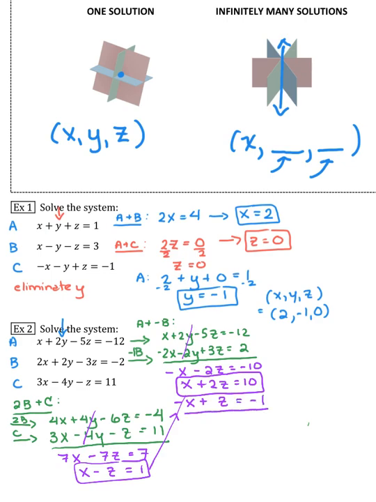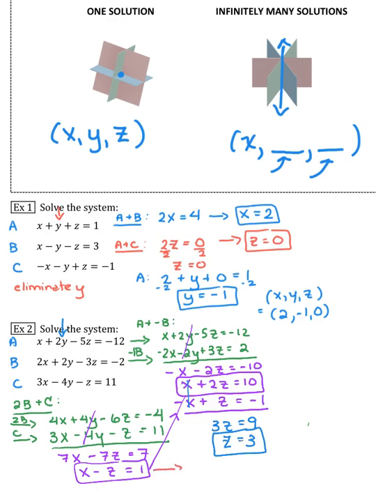If I add those two together, my x's go away. I have 3z equals 9, and voila, we have our first variable. Once you have that first variable, the rest is going to come right out because it's just back substitution. So you work backwards step by step.